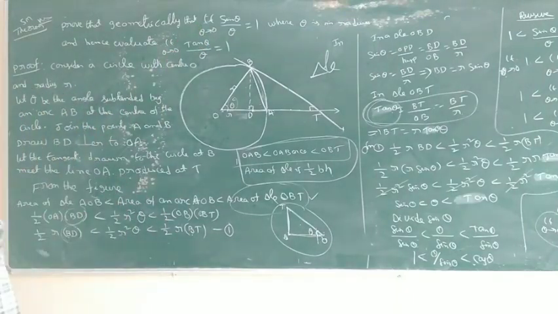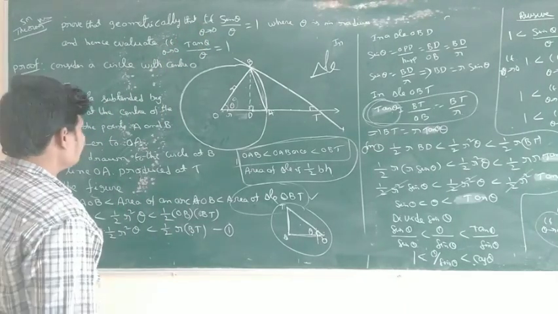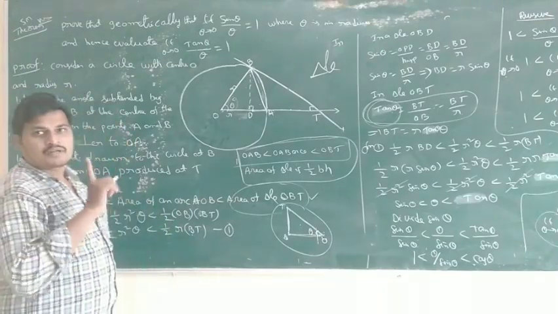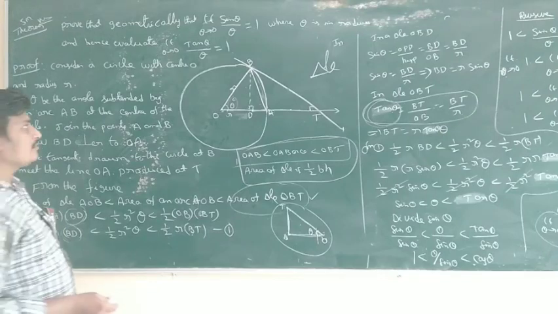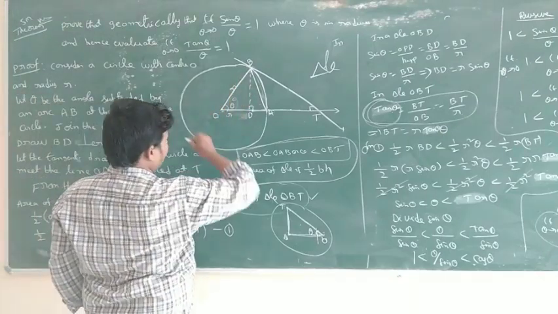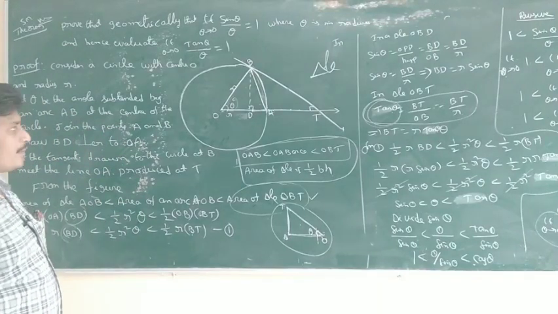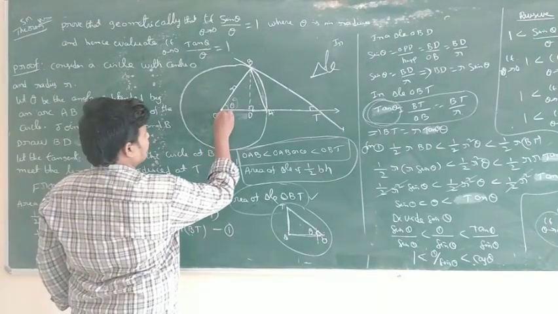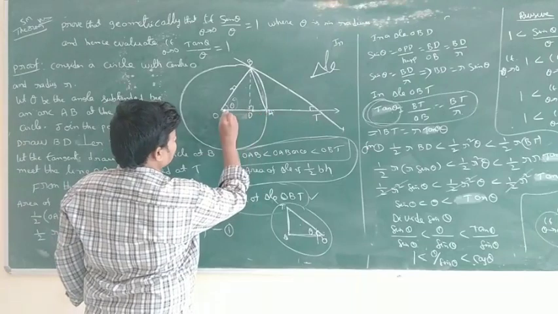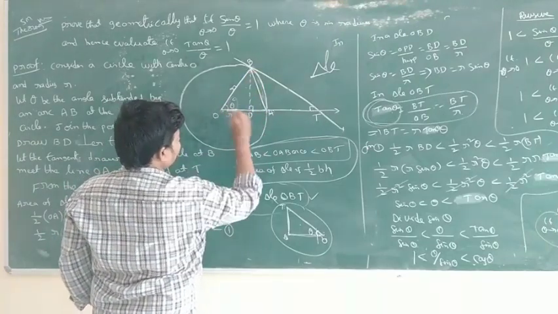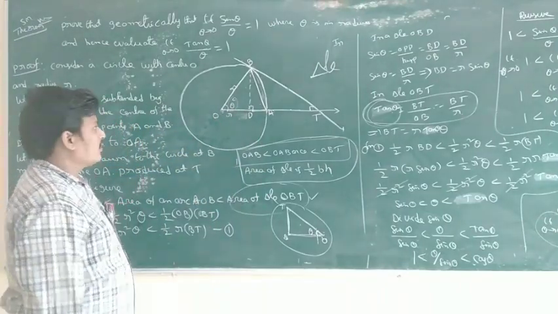First of all, the diagram carries 1 mark, the first and most important thing. This is the circle. Circle with center O, and OA, OB both are radii.